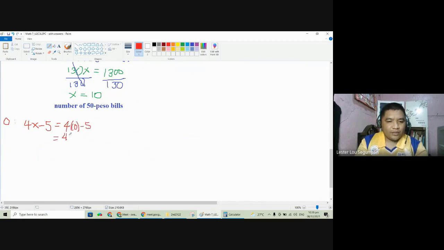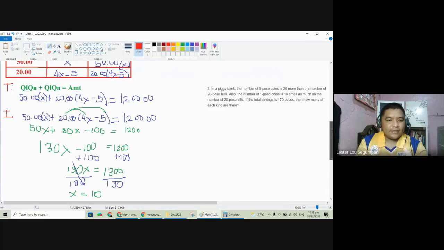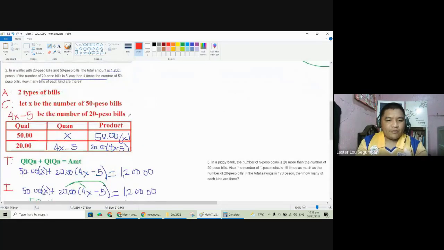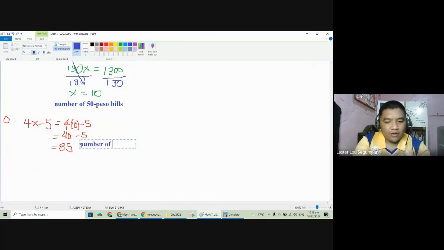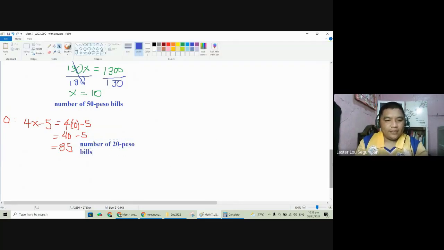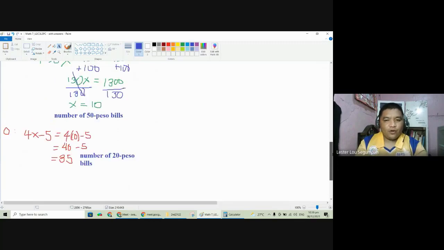You will have 40 minus 5, and you're expected to have 35. What is this? 4x minus 5 is 20 peso bills. So you are going to have here the number of 20 peso bills. Okay, that's it for the result for O.